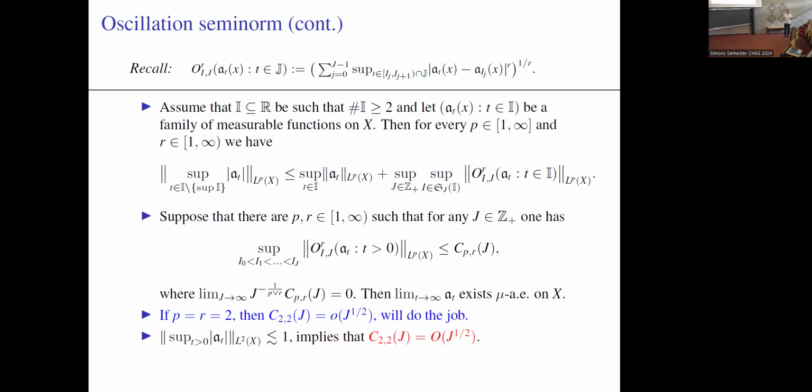But if R is less than 2, then this estimate will not hold, at least uniformly in the sequences. So there will be no uniform bound with respect to J for these oscillations if R is smaller than 2.